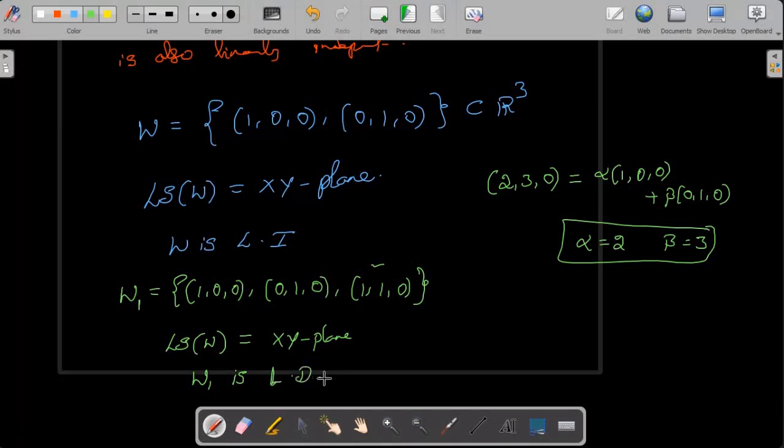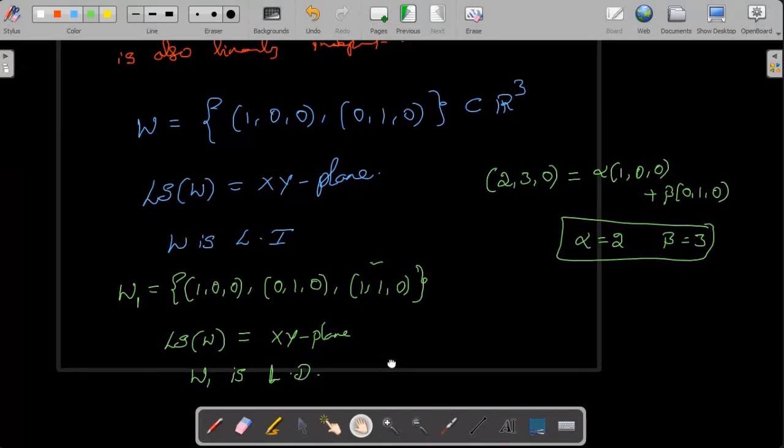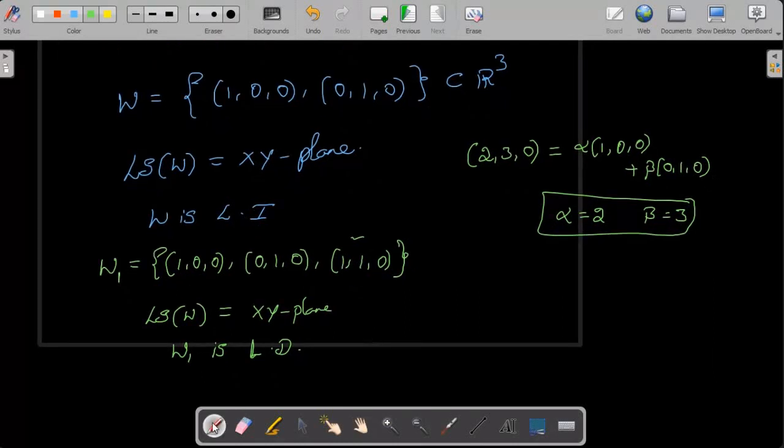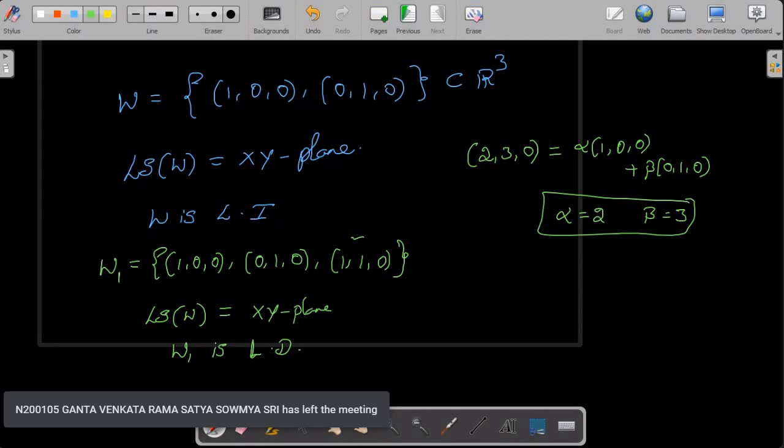Let me write it as LD. So now this is the vector space, I mean, the XY plane you have. We got it from the linear span of W1, right? But you know W1 is not linearly independent.